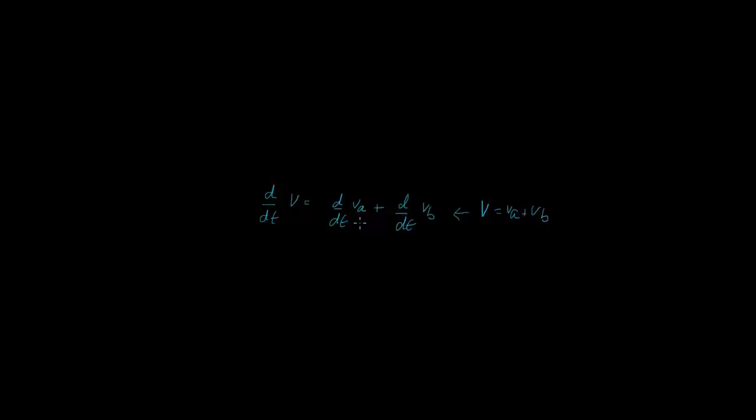The rate of change of this capital V is equal to the rate of change of V sub A, that's the one function, plus the rate of change of V sub B, which is the second function. So the total derivative is the sum of the derivatives of each individual function.